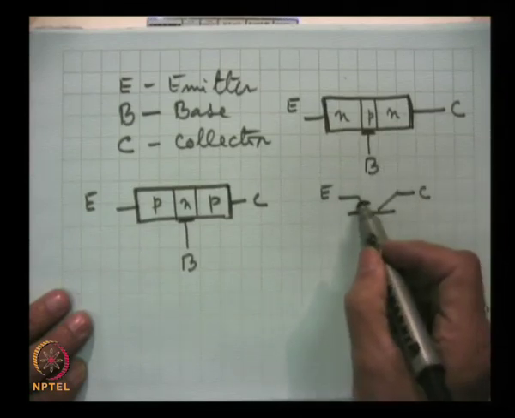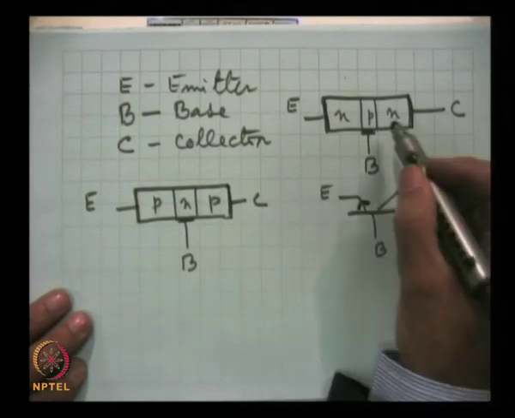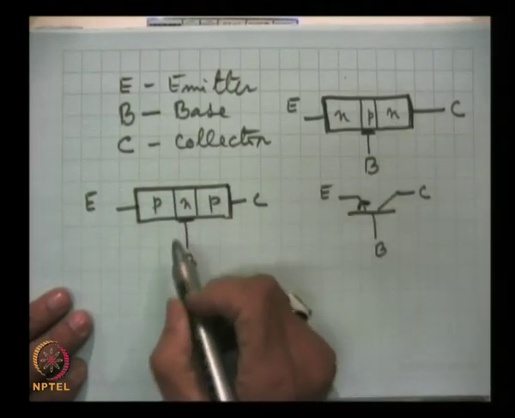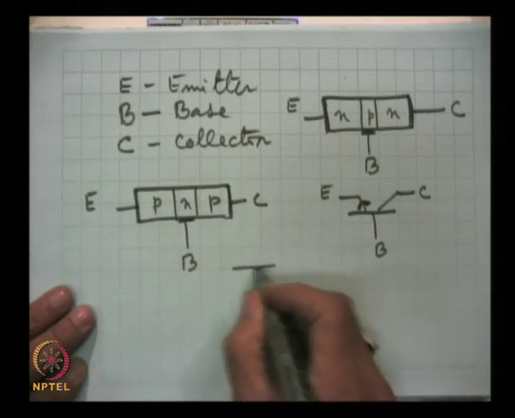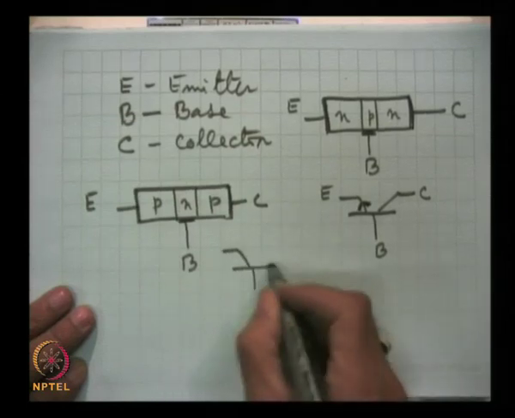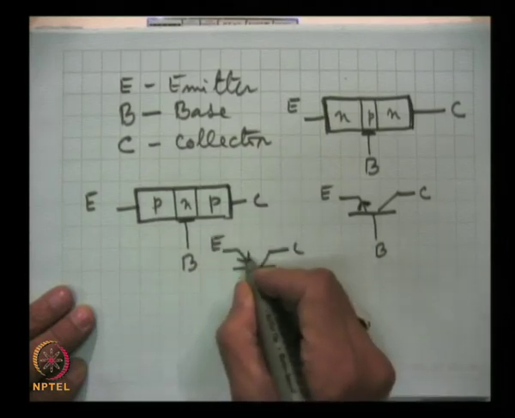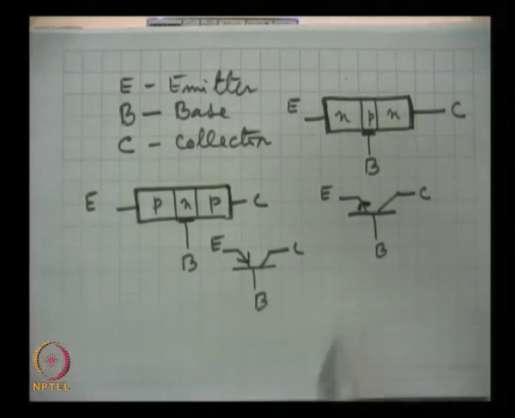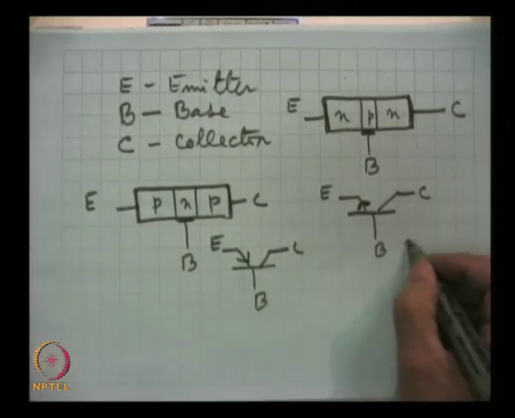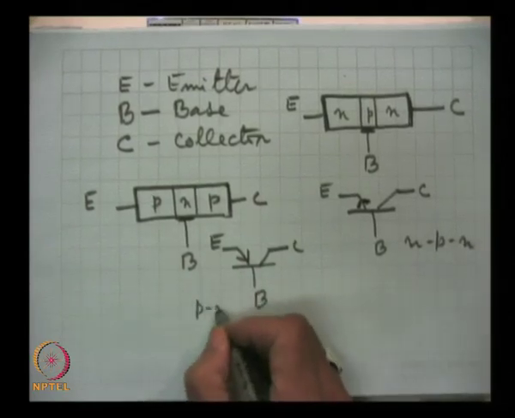So, remember this arrow is pointing outwards in the NPN transistor, and for the PNP transistor the arrow is in the reverse direction. So, this is the NPN transistor and this is the PNP transistor.